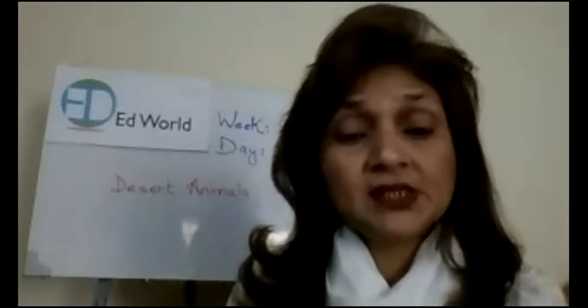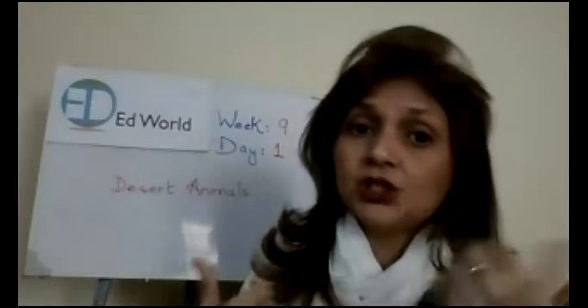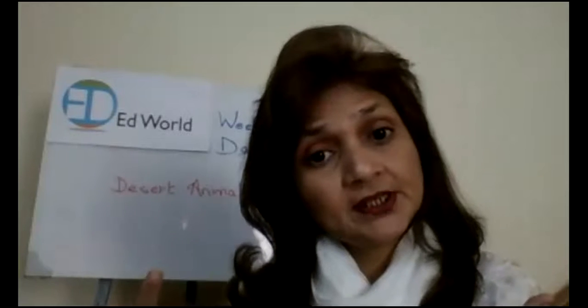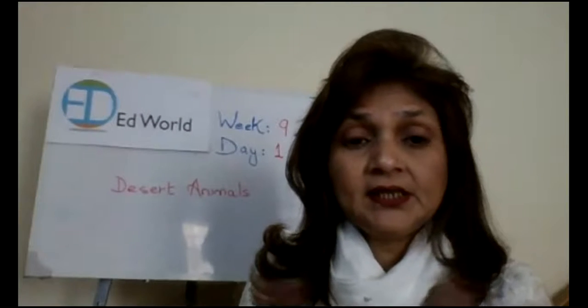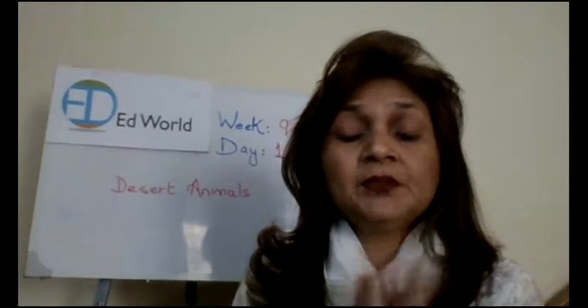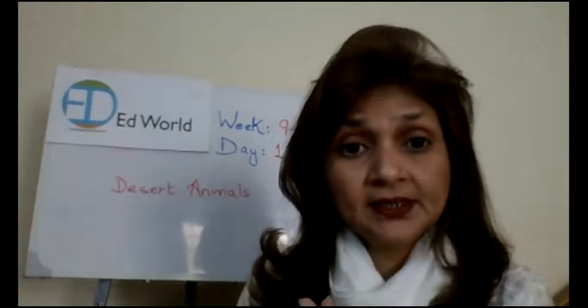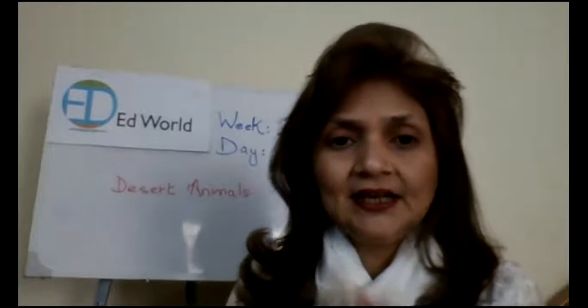In the same way, I've also shown you the pictures and presentation of animals who live in the jungle, animals who live in a forest, animals who live in water, in the sea, right? And there were animals who live on trees, like birds, like monkeys, and what else?